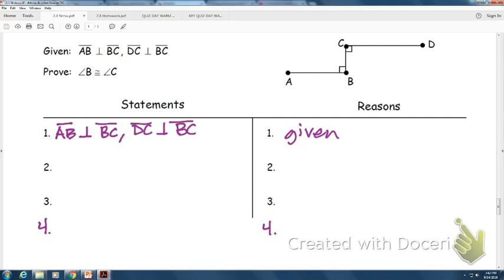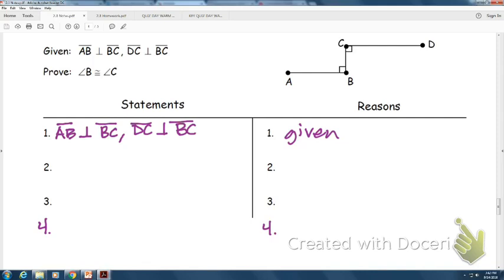Okay, so after you write your given and you're looking at your picture, you're thinking to yourself, what do I know based off my given statement? If AB is perpendicular to BC and DC is perpendicular to BC, what do I know based off the fact that those things are perpendicular?